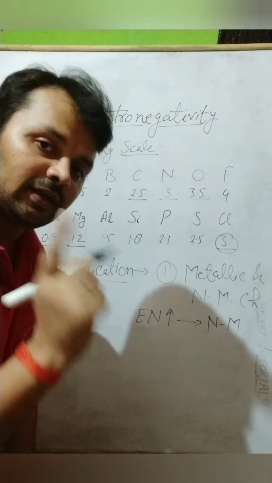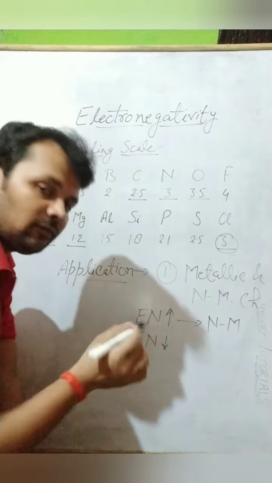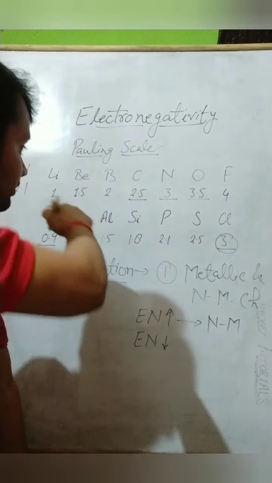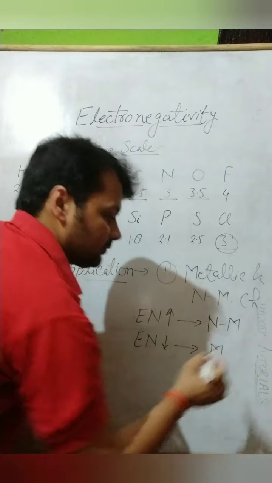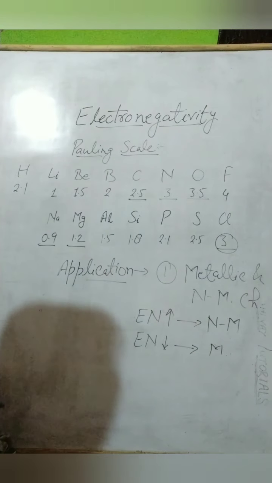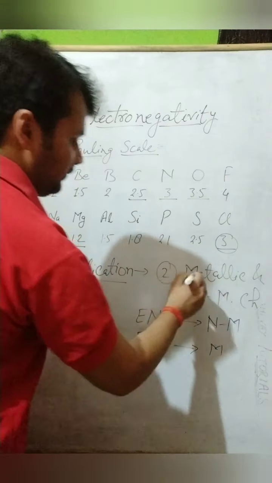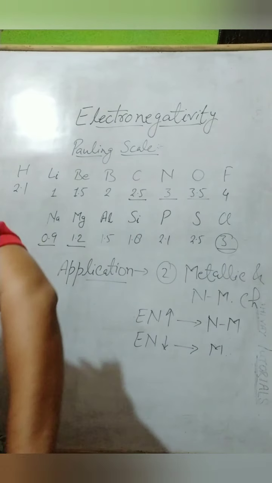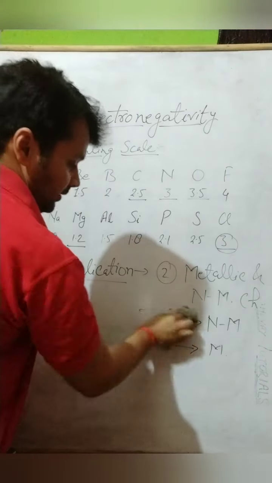And if electronegativity is low, it will not be able to attract the electron. We know that metals lose electrons easily, so it will be a metal. Clear? So this is the second, very important application of electronegativity.